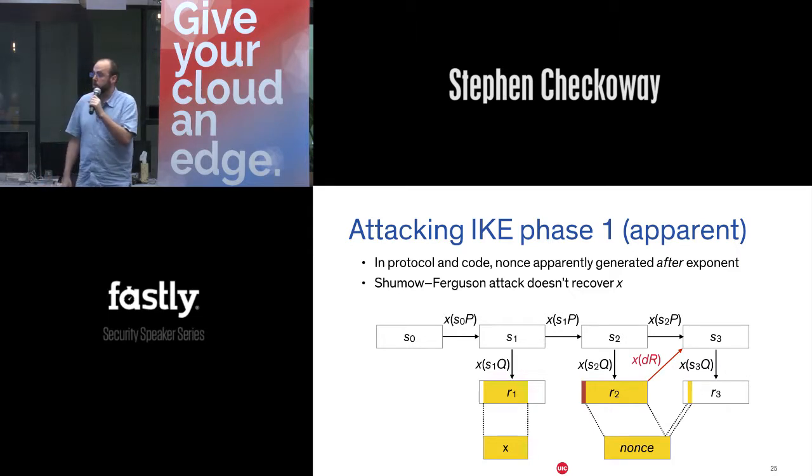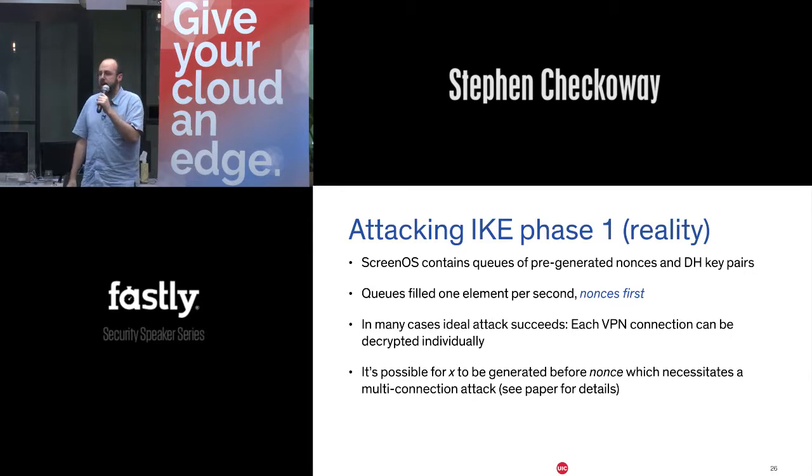Now, it turns out that the reality is actually somewhere between the ideal case and the apparent case. ScreenOS version 6.2 has a queue of pre-generated nonce and Diffie-Hellman key pairs. And there is a timer that fires once a second. When the timer handler runs, it checks, are any of these queues not full? And if one of the queues is not full, then it will generate exactly one element and then stop and wait for the next timer to fire.